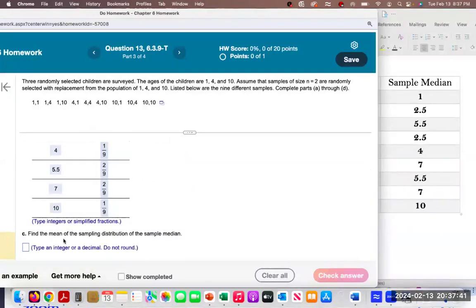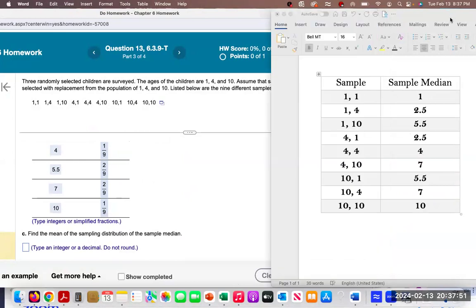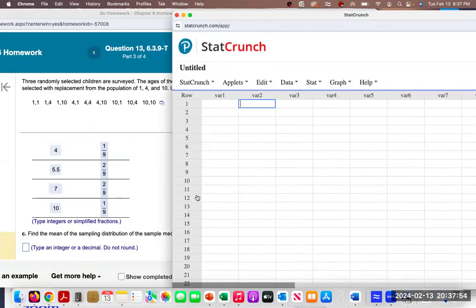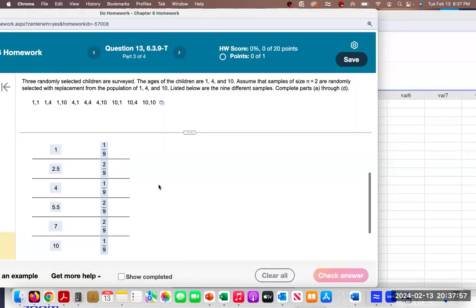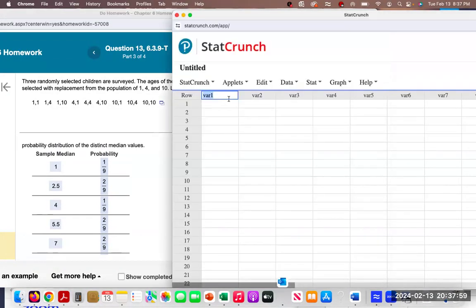Now we want to find the mean of the distribution of the sample medians. To do that, I can just use StatCrunch. First, let's enter our values. I'm going to call these our x's, and our probabilities are going to be right here. The x values are 1, 2.5, 4, 5.5, 7, and 10.